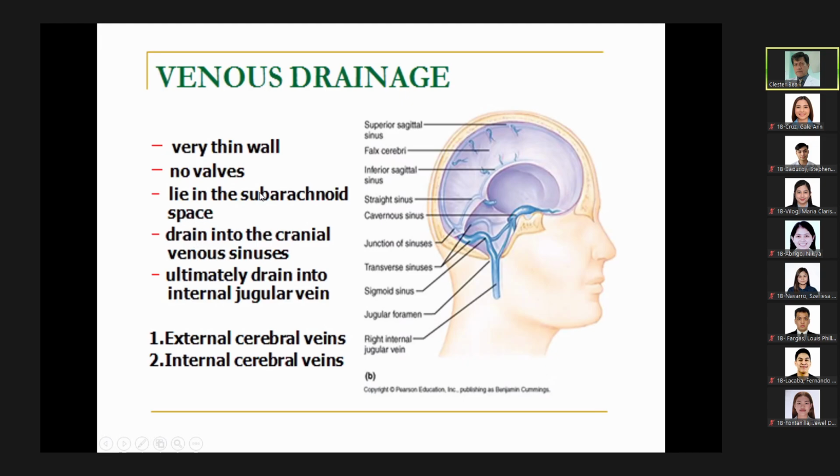Now the veins are seen at the subarachnoid space of the cranium. And the venous blood will find its way through the cranial venous sinuses, or dural sinuses, to ultimately drain into the internal jugular vein. Now, the veins of the brain have two sets.